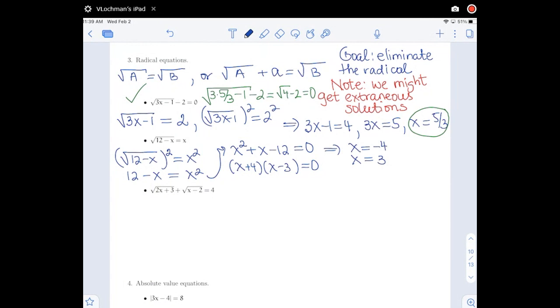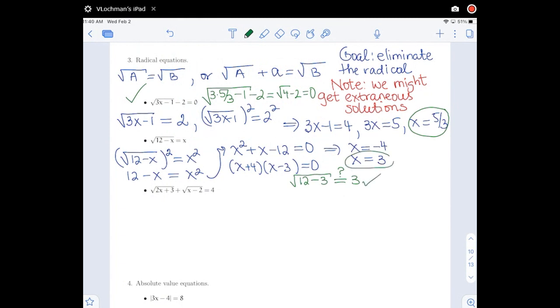So let's go ahead and check 3. 12 minus 3 under the root, is that equal to 3? 12 minus 3 is 9, and the square root of 9 is 3, so that works. So this one is a solution.